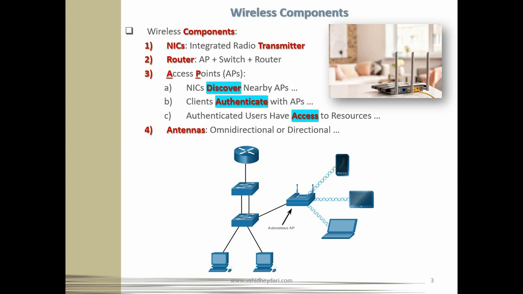With more advanced scenarios, we've got controller-based access points, or APs, whereby we can have lightweight access points, or LAPs, and using the Lightweight Access Point Protocol, or LWAPP, we are able to communicate with the wireless LAN controller, or WLC.